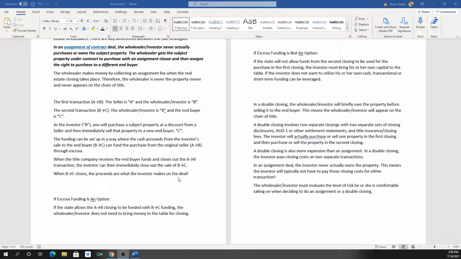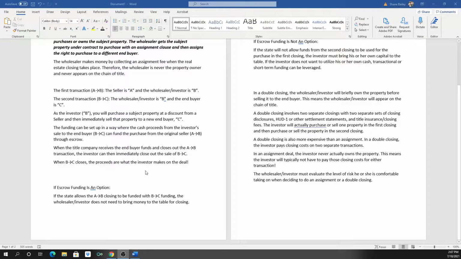Okay, 2 ways this can go. You're either allowed to have funding in escrow or not in escrow. So real quick, if your state allows the seller to you closing to be funded by the second closing, which is the end cash buyer, the wholesaler does not need to bring money to the table.